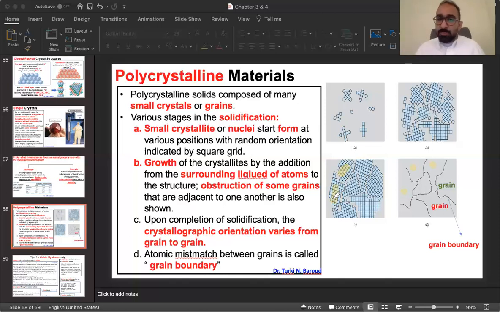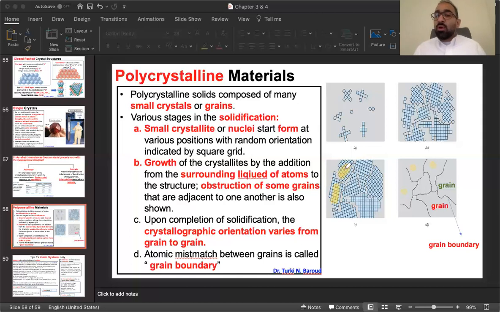For example, if we say a certain direction has the highest value for a certain property, and let's call that direction 100, okay? So the 100 direction here is different than the 100 direction here, right?